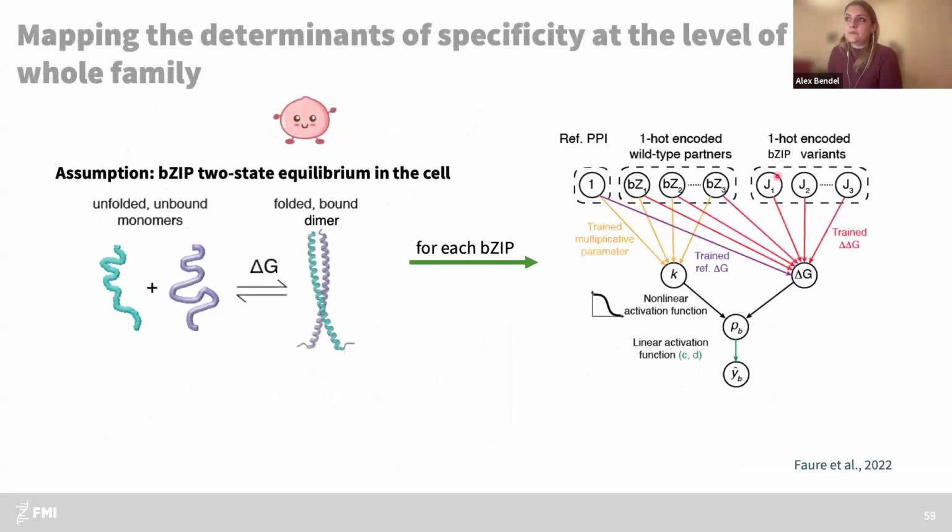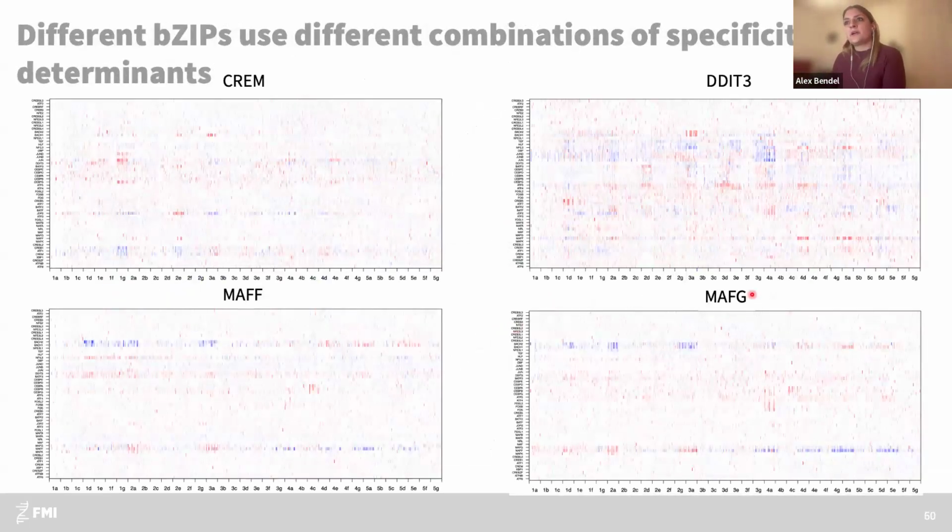Also here, of course, we were very interested in seeing what happens if we run MoCHI on it. And we did the same as for JUN, but for each bZIP individually. And we were also able to find these determinants of specificity.